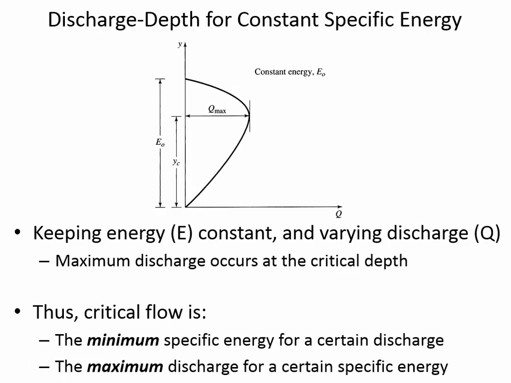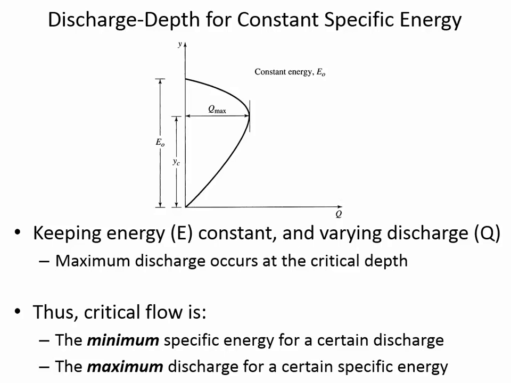What we talked about last time was that on the specific energy diagram, the way that we conceived of critical flow was that it's the minimum specific energy for a certain flow rate Q. But now what this curve is illustrating is that if you have a certain specific energy, and there are lots of different flow rate combinations that will give you that specific energy, the maximum discharge is associated with critical flow. So critical flow is a very efficient flow condition.